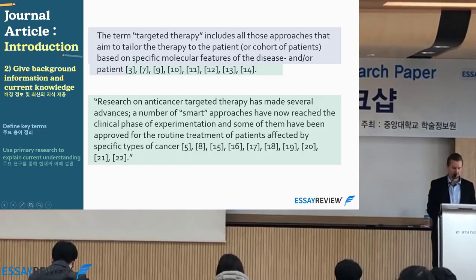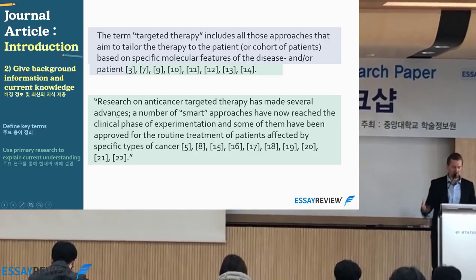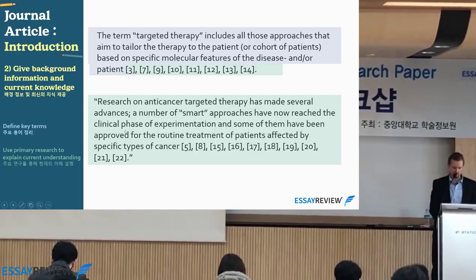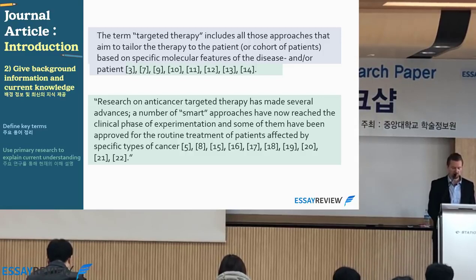It takes too much space. They next use primary research to explain the current understanding. Right? Research on anti-cancer treatment has made several advances. So there are a lot of studies that have been done to show how the smart approaches have increased treatment of certain types of cancer.